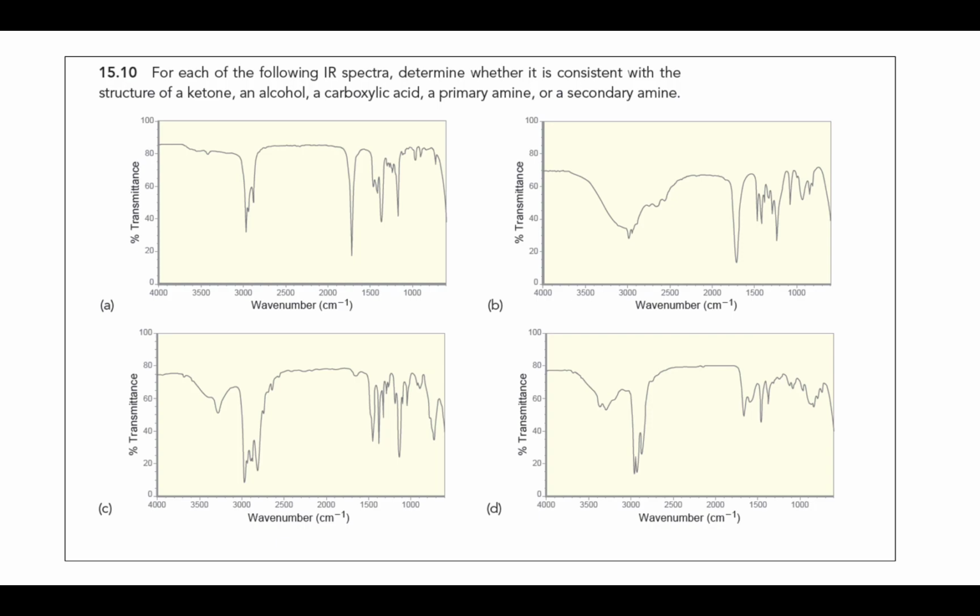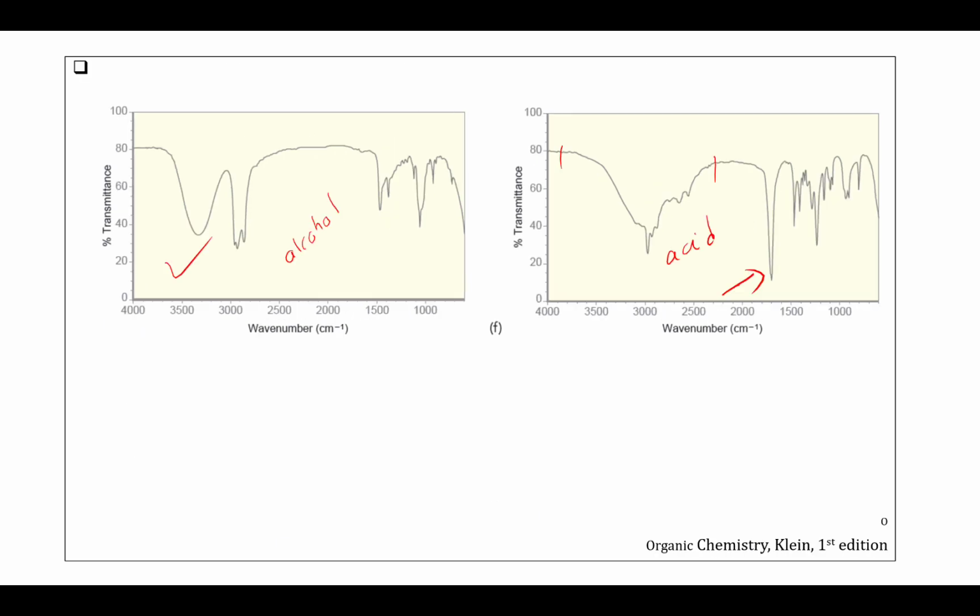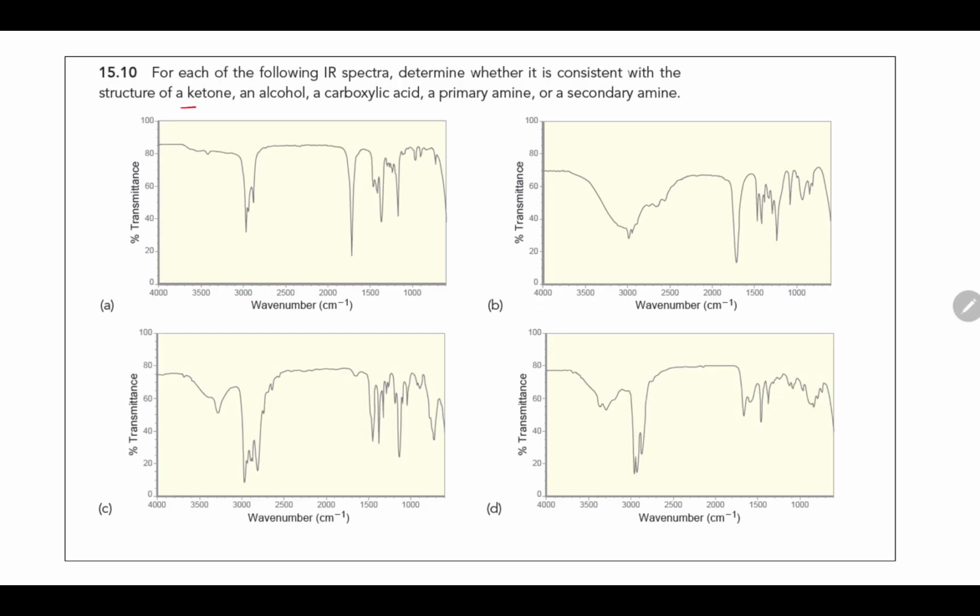Now let's take more examples, and now we have to be more specific. We have to match all these spectra and say whether these are a ketone, an alcohol, a carboxylic acid, a primary amine, or a secondary amine. So let's look at these peaks, starting with the first one.